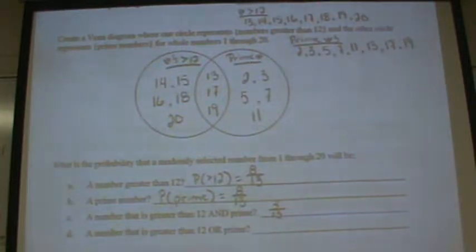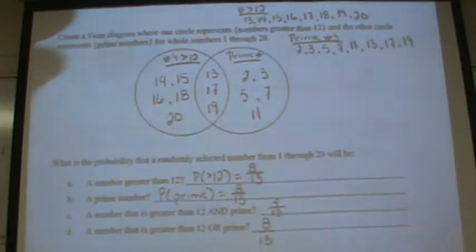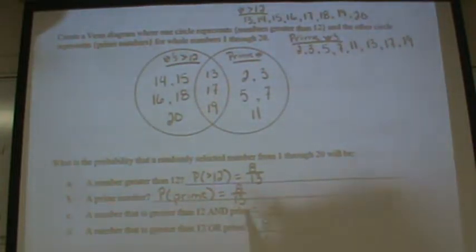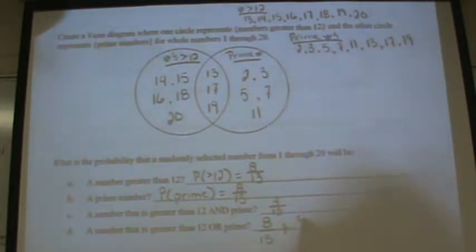Now we want to know a number that is greater than 12 or prime. So it's either going to be greater than 12 or it's going to be prime. This is going to introduce our concept for today's sorting. We take the probability that it was greater than 12, which was 8 over 13, and add the probability that it was prime, which is 8 over 13 again.